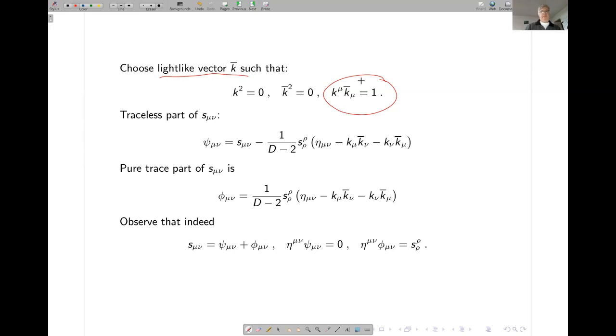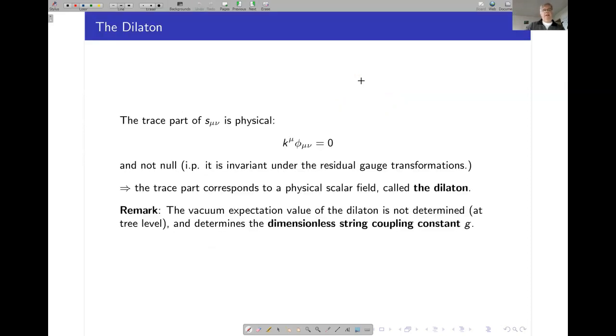And then we get this explicit decomposition into traceless part and pure trace part. We briefly mentioned that the trace part is a physical state. It's not null. In particular, it's gauge invariant, and therefore it's a physical scalar field called the dilaton. And I will come back to the dilaton a bit later.